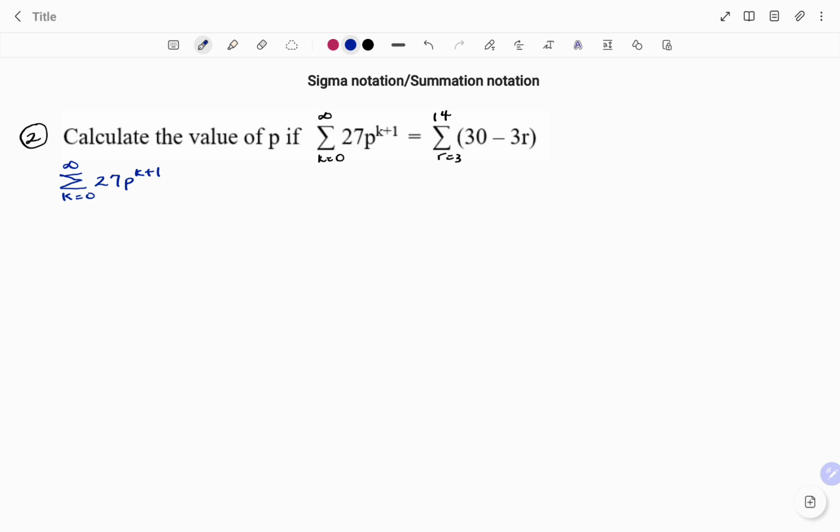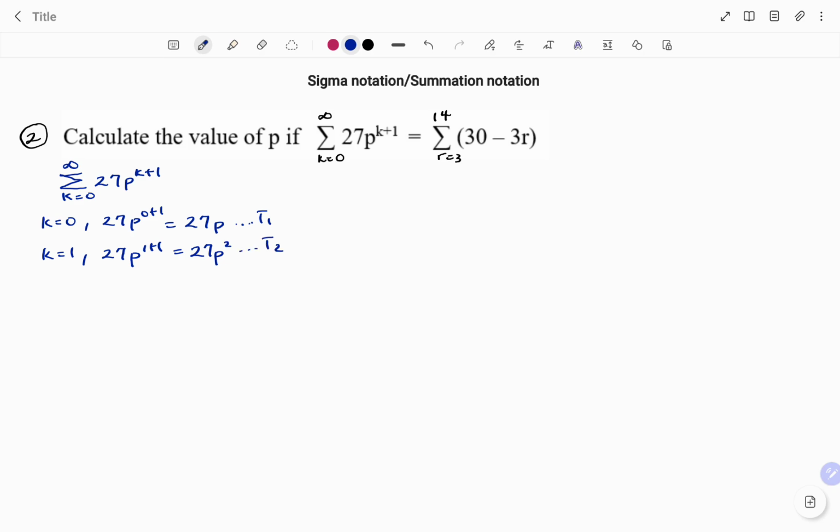So we start from k equals 0 to know our first three terms. If k is equal to 0, starting from our lower limit, we have 27 times p to the power of 0 plus 1. We replace k with 0. That will give us 27p, since 0 plus 1 is 1. That's our first term. To get the second term, we put k equals 1, like we did earlier: 27 p to the power of k plus 1, that's 1 plus 1, and that will give us 27p squared.